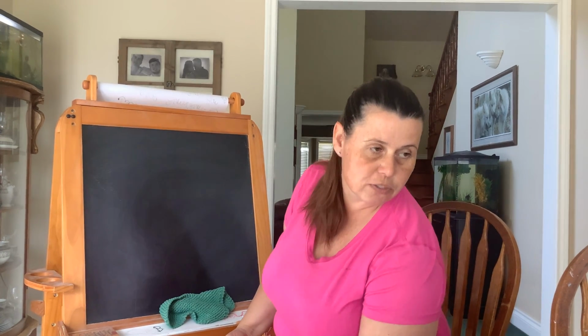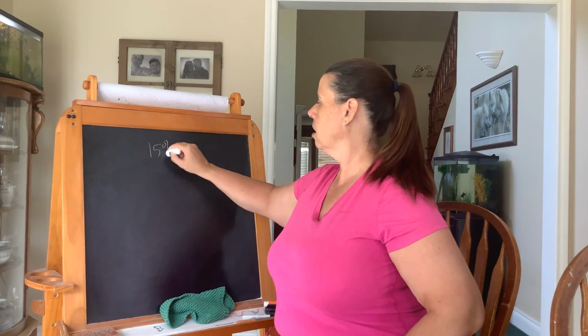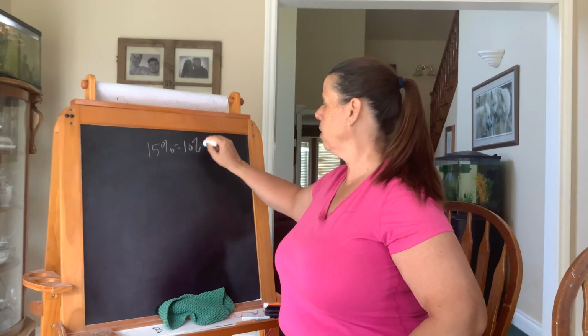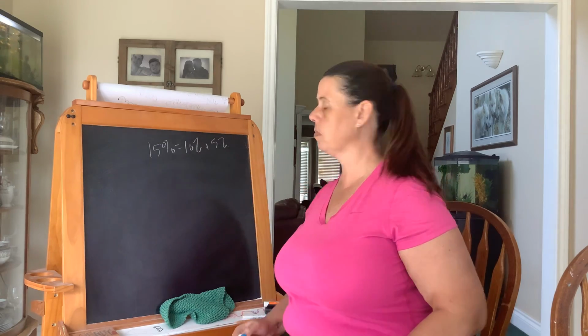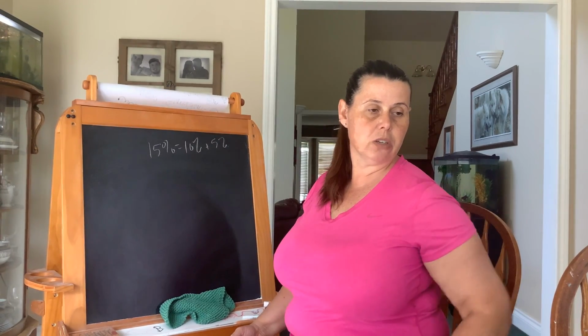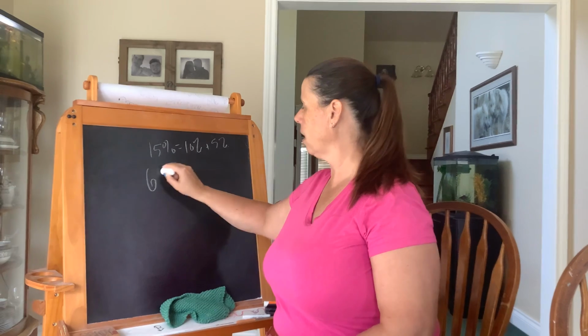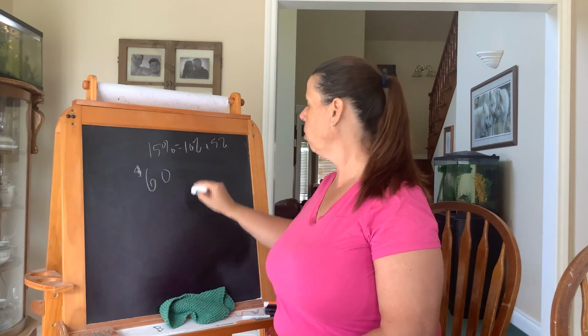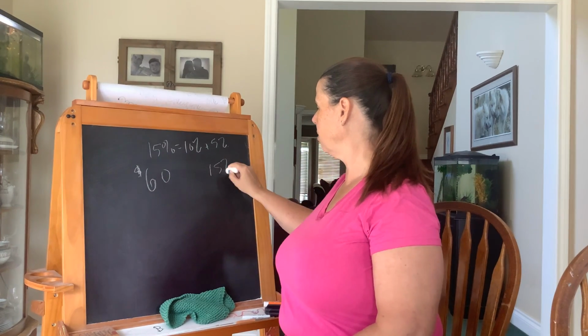All right, number 10. Artie wants to leave a 15% tip on a meal that costs 60 bucks. How much tip should she leave? Remember that 15% equals 10% plus 5%, right? So she wants to know 15% of that.